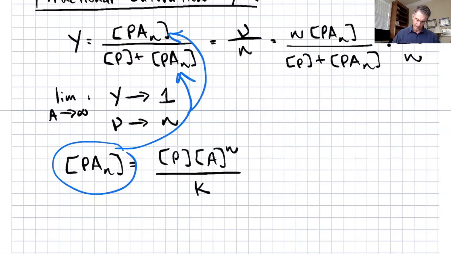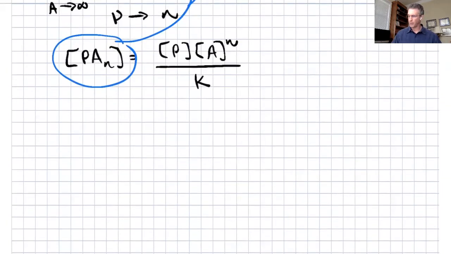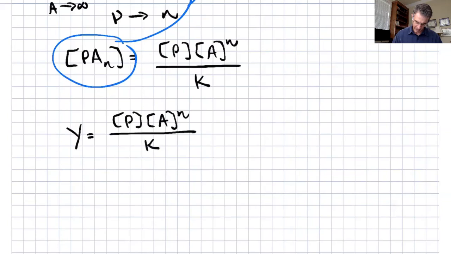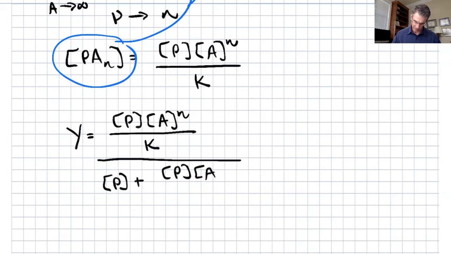So now we can take this, substitute that in here, right? And we now end up getting an expression for the fractional saturation that looks like this: the concentration of P times the concentration of A to the N divided by K, divided by the concentration of P plus the concentration of P times the concentration of A to the N divided by K. And now I've done this enough times, you should see where we're headed here.